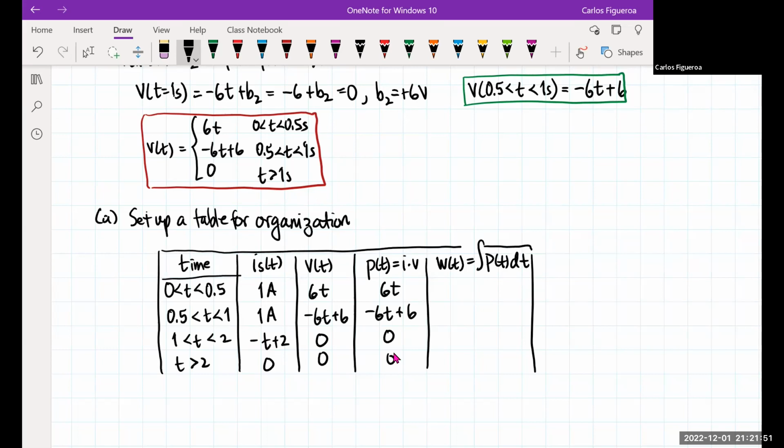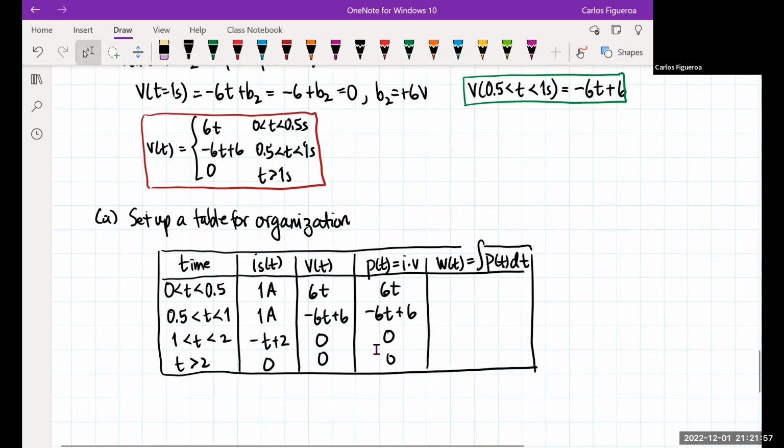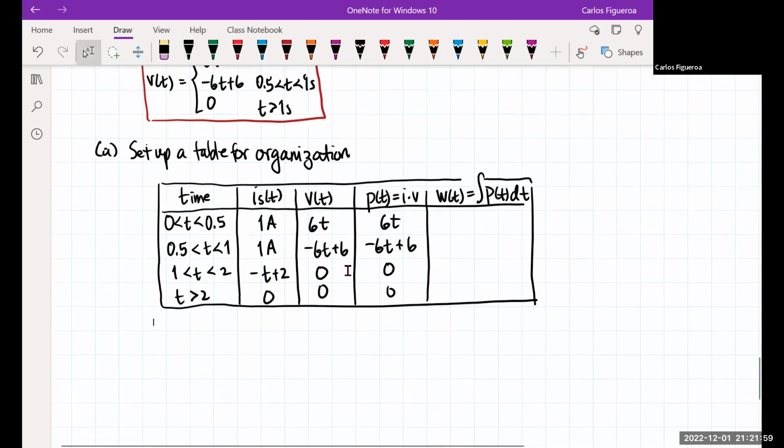So we have the powers now. Now I have to calculate the energy deposited into the element. I'll calculate these one at a time. If I look at my first work, that's between 0 and half a second.